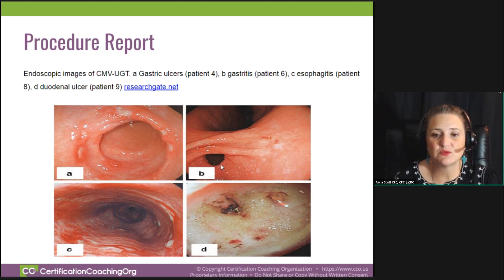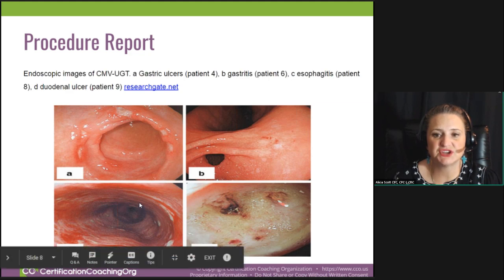On this second one, notice it's gastritis. So it's not the little ulcers, but there's irritation and redness in here. So it is irritated. Then over here, we have esophagitis. Now, note, this is different looking than the inside of the stomach. This is an irritation.